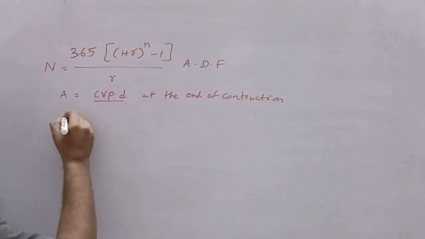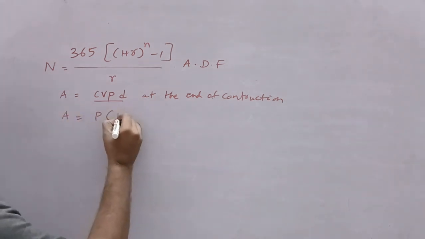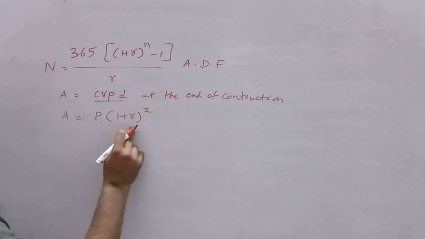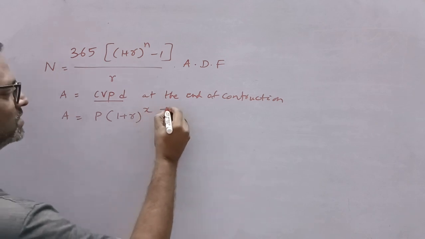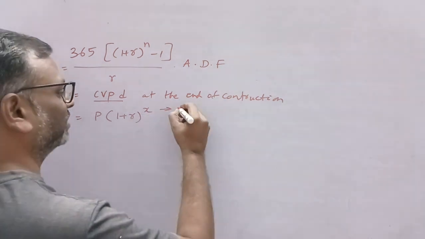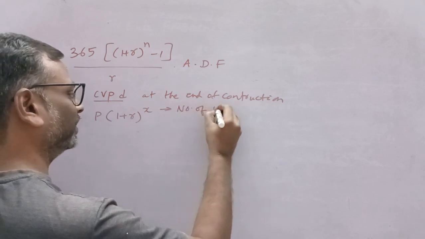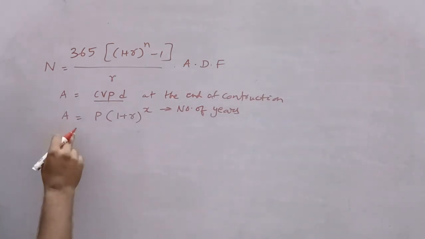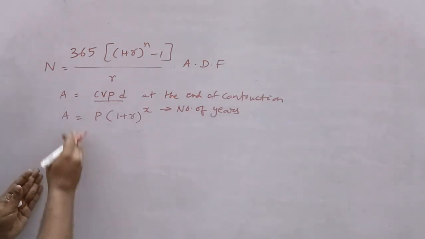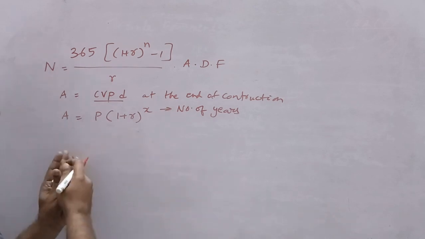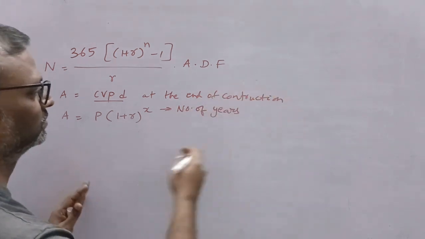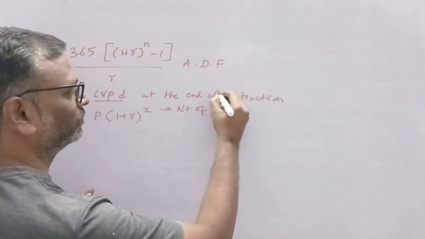And this A is calculated using one more formula, that is P into (1 plus r) whole power x, where x is the time difference, that is the number of years between the survey and the end of construction. We have done a survey regarding the traffic at some period of time, and the construction will take some time, maybe a few years.